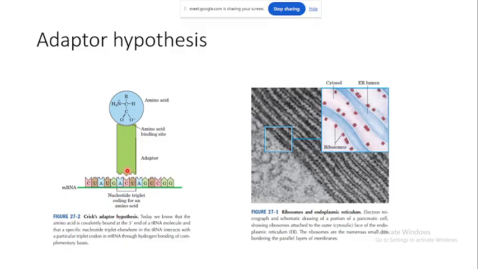That's why it can bind and carry one amino acid, and that's how amino acids get converted into the polypeptide chain. But now we know that this adapter is nothing but tRNA, or transfer RNA. It carries amino acids and can bind with the mRNA at the specific codon through its anticodon loop. So that we will discuss.